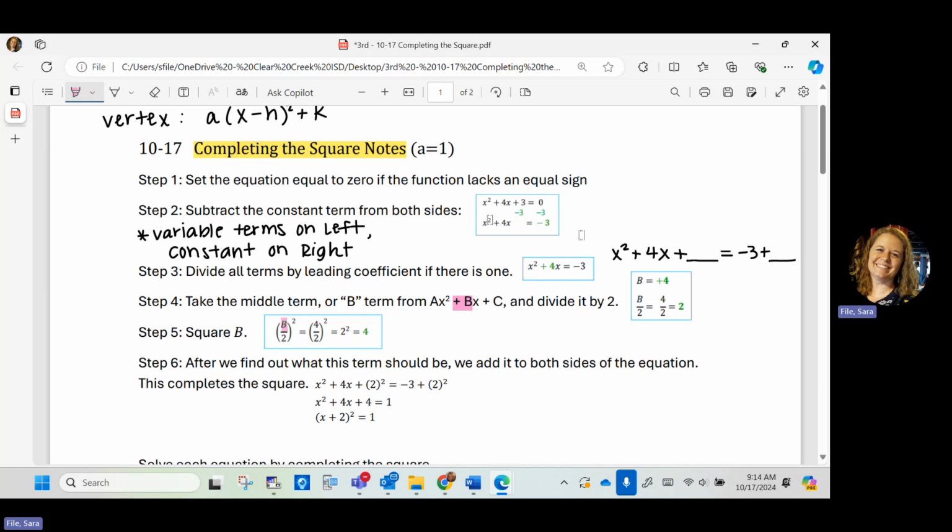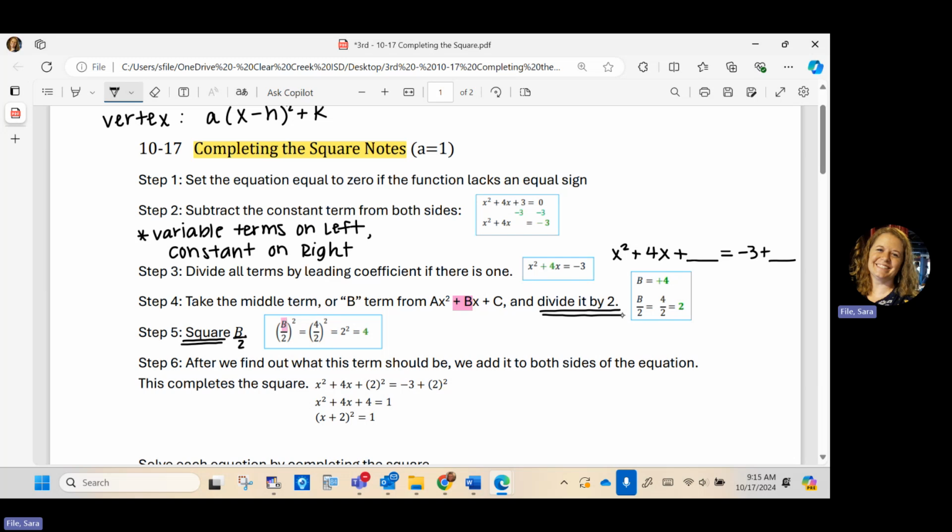We take the middle term, divide it by 2, and then we square it. I really like the way this is worded because it says to divide it by 2 and then it says square B. You're not squaring B, you're squaring B divided by 2. So I'm going to correct that. You take B, divide it by 2, and then square it. Divide by 2, then square. That's what goes in the blank.